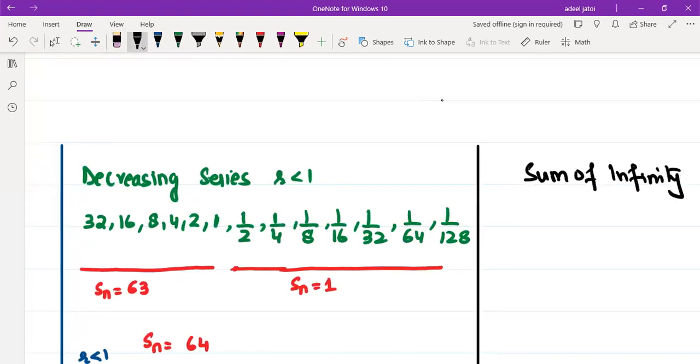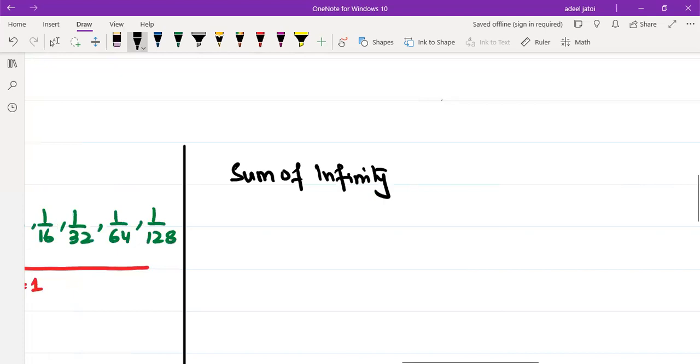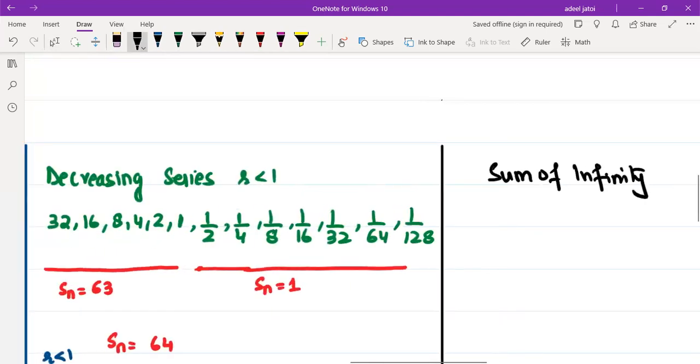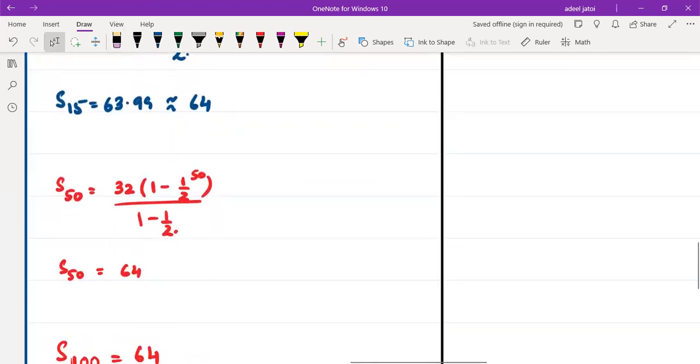Similarly here, we divided 1 by 2, we divided 1 by 4, we divided 1 by 8, we divided 1 by 16. Actually, we are dividing that particular value. So to calculate that sum directly, obviously we will not be following this again and again to calculate the sum of infinity, the maximum value.